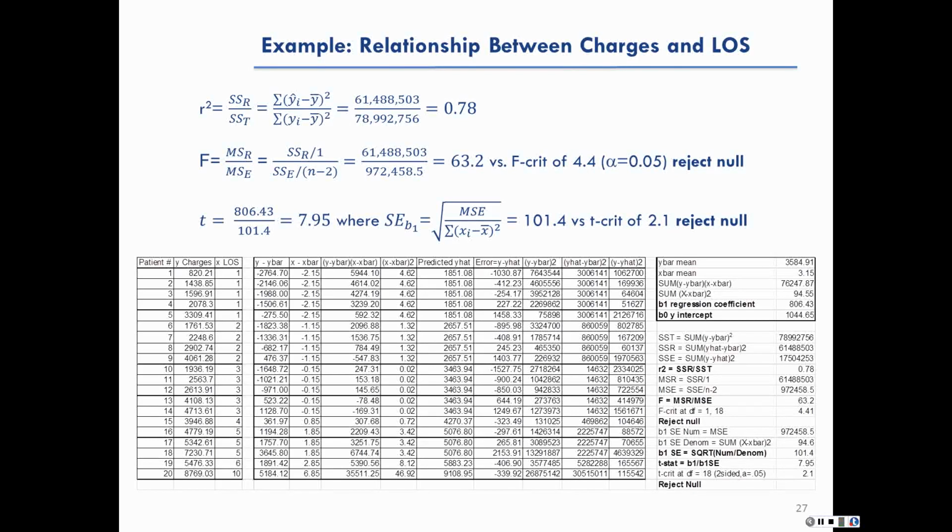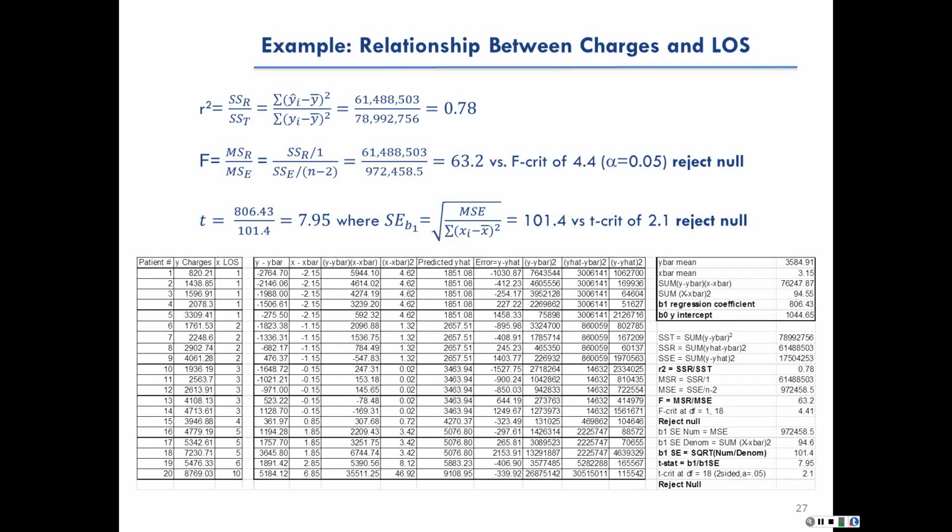It's the square root of the mean squared error, which we've already calculated, that's the error sum of squares, SSE, divided by n minus 2. You plug your mean squared error into the numerator in the equation for the standard error of beta 1.